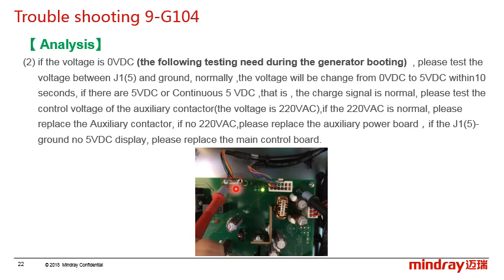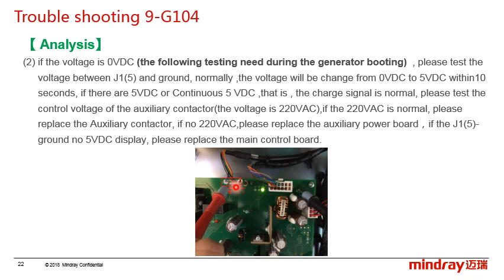If it is 5 volt or continuous 5 volt, that means the charge signal is normal. So please test the control voltage of the auxiliary contactor, and the control voltage is 220 volt beside the contactor.